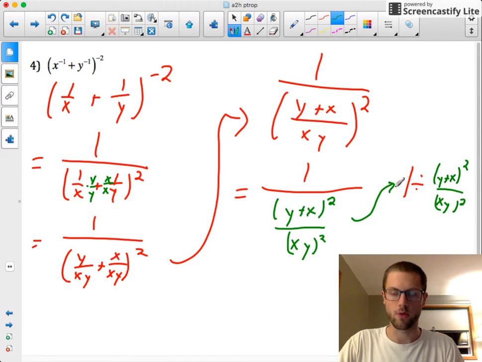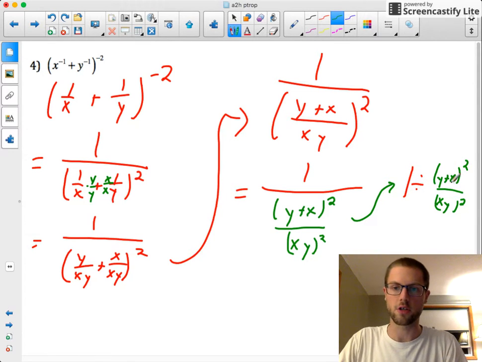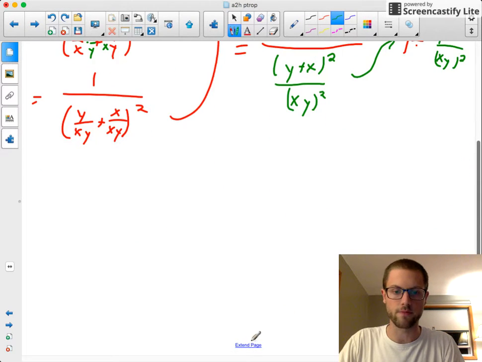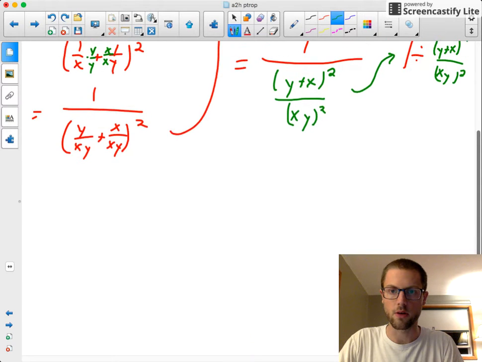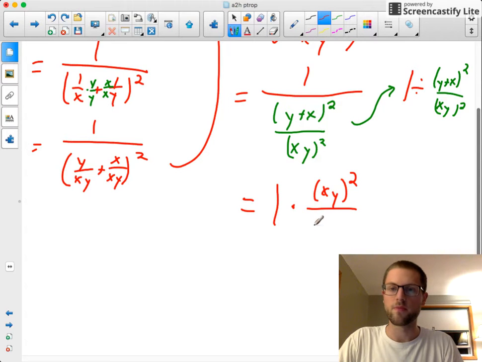And remember, when you're dividing fractions, you can change this division into multiplication and then take the reciprocal of this guy. So what that means is I'm going to have 1 times the reciprocal of this fraction, xy squared over the quantity x plus y squared.